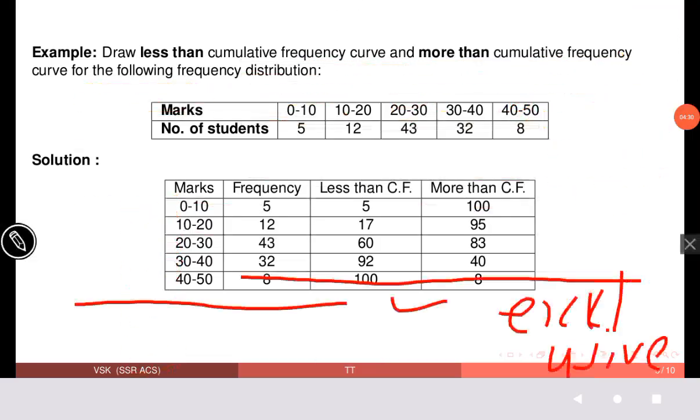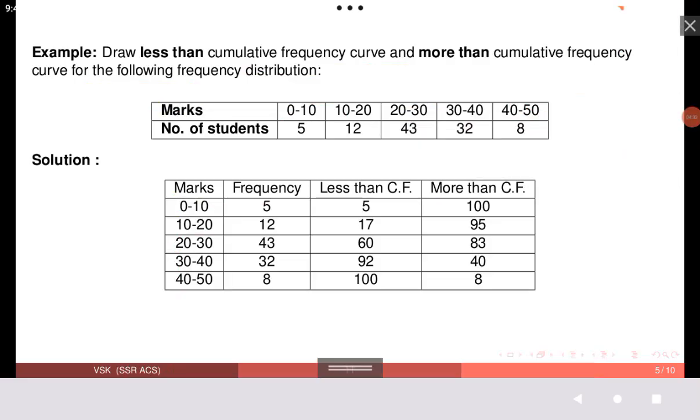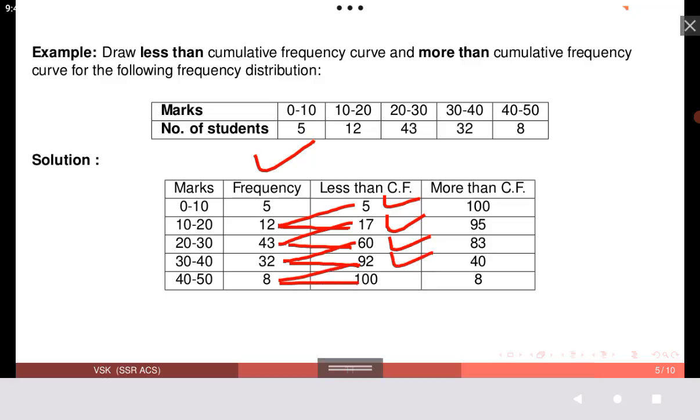Now, how will we find less than cumulative frequency? First will come 5, then 5 added to 12 becomes 17, then 17 is added to 43, it becomes 60, 60 will be added to 32, it becomes 92, and 92 plus 8 becomes 100. Like this, this table can be formed.